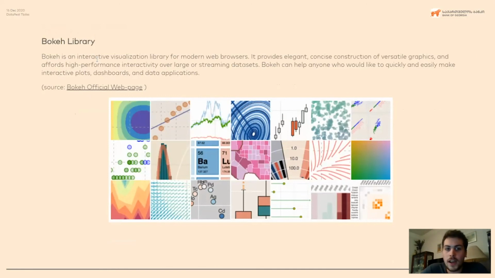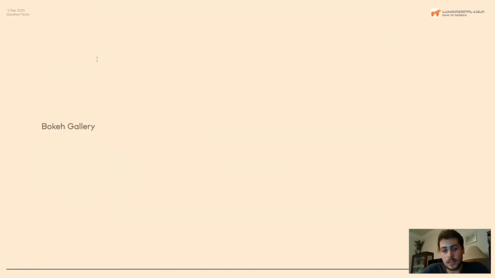Bokeh is quite a big library, and it's based on both Python and JavaScript because some of its parts are executed in the browser. Here you see examples of Bokeh, and let me show some examples which are built in Bokeh, just as images.